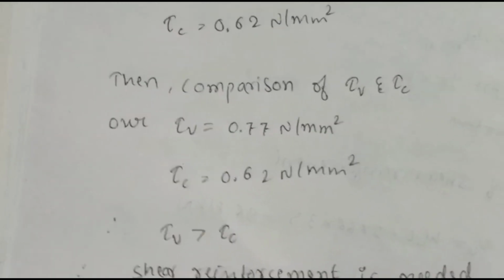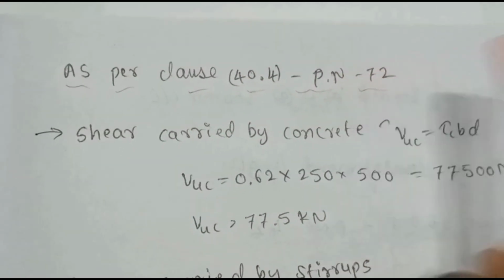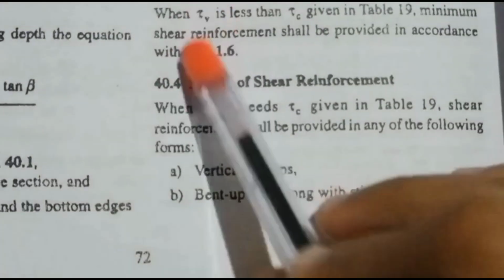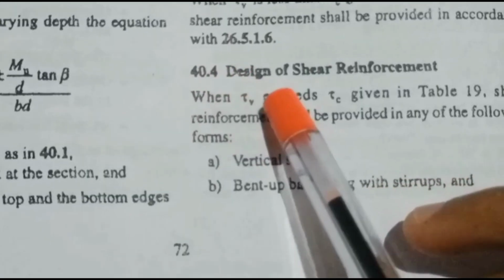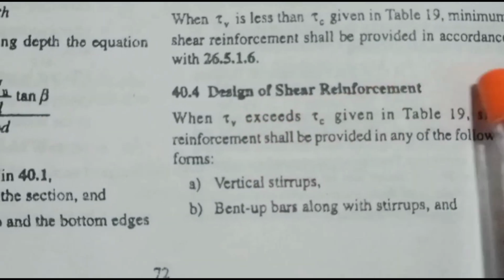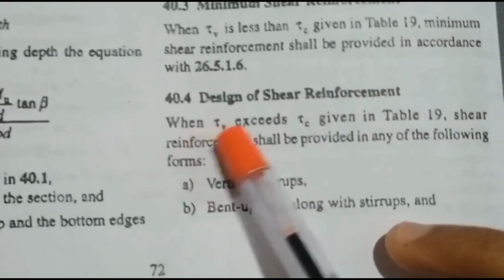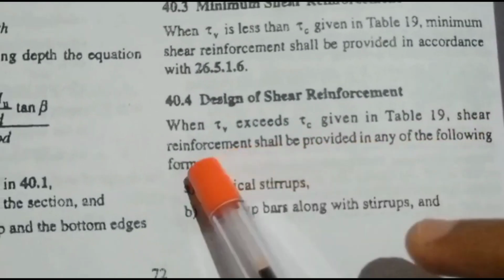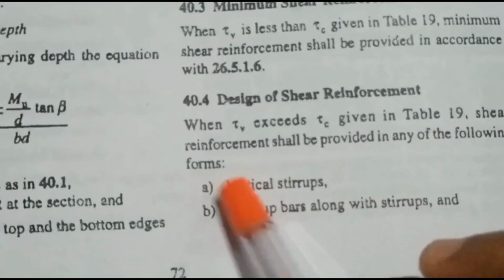For that, as per clause 40.4, page number 72, let's see what they have said. Clause 40.4, design of shear reinforcement. When tau v exceeds tau c given in table number 19, shear reinforcement shall be provided in any of the following forms.